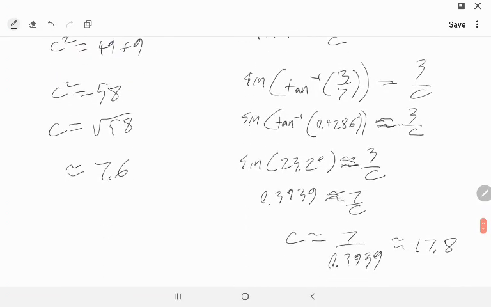And now if we take 3 divided by 0.3939, we get 7.6. And so it matches our Pythagorean theorem.